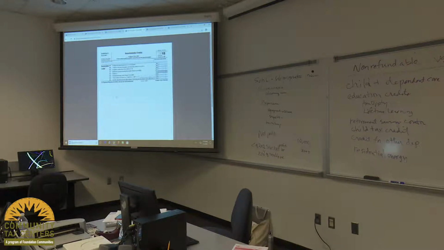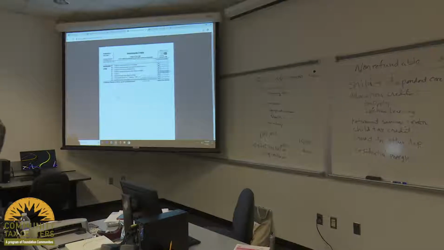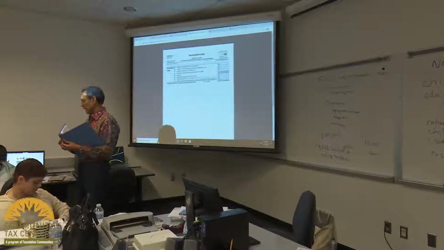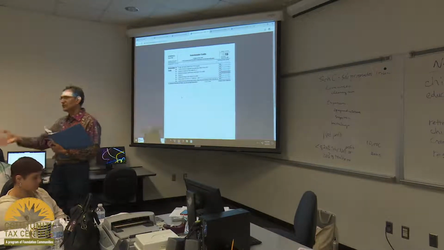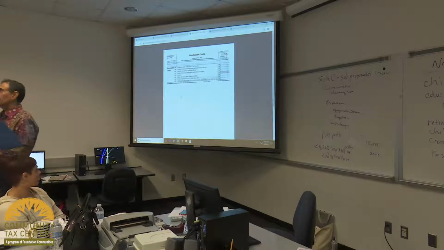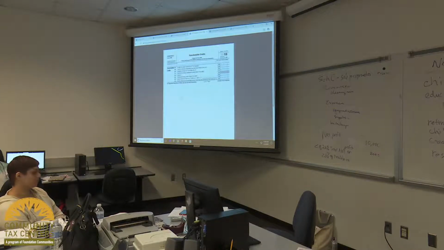The care includes the cost of services for the qualifying person's well-being and protection. Expenses to attend kindergarten or a higher grade are not an expense for care. But after-school care does qualify. It's just the tuition for kindergarten or higher grades that does not qualify for this credit. But after-school care does, okay?